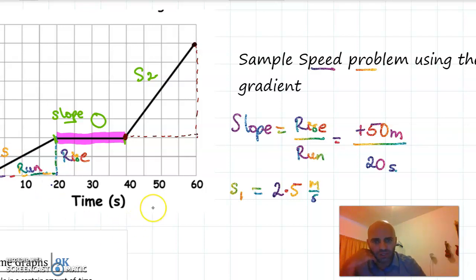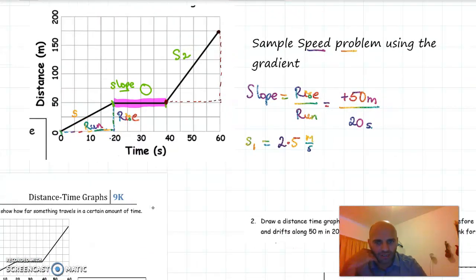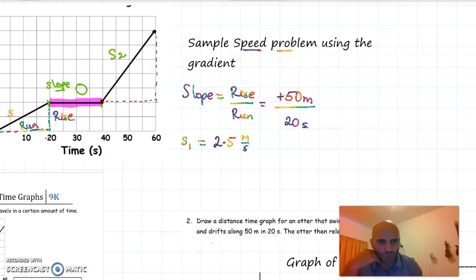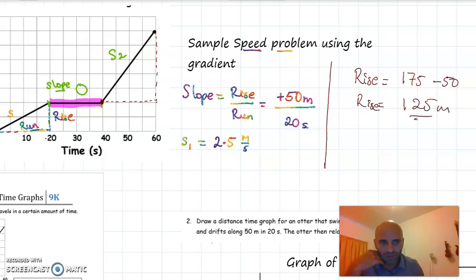Let me calculate the rise separately. It's 175, that's the top bit, minus the bottom bit of 50. So that means the rise is 125 meters, okay?